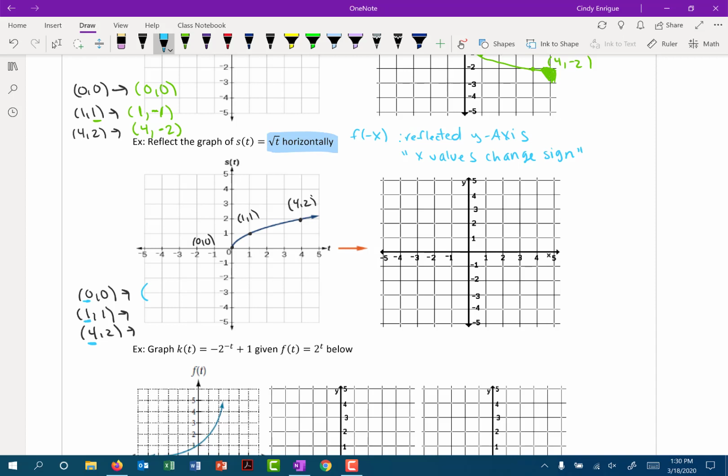So negative 0 is still just 0. 0 is neither positive nor negative. But now I have a negative 1, positive 1, and a negative 4, positive 2. So I have 0, 0, negative 1, 1, and negative 4, 2. So now my graph, reflected across the y-axis, looks like that.